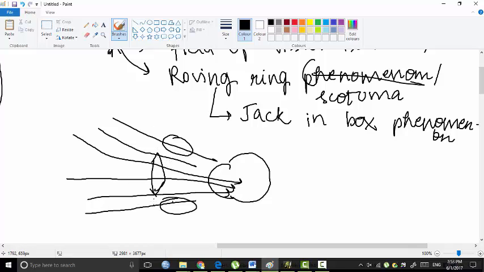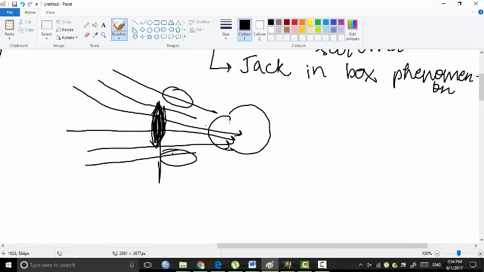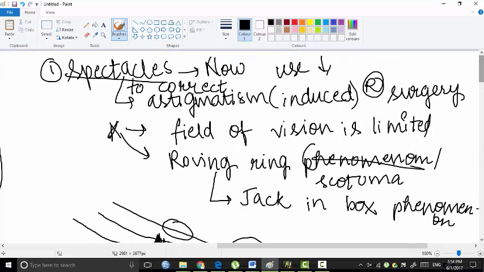So these rays produce a prismatic effect, which is called the roving ring scotoma. This mainly occurs due to the rays which cannot pass through the lens of the spectacles, and there we see this roving ring phenomenon.